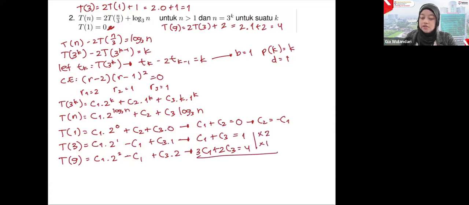And if we multiply the first with 2 and the bottom with 1, and we subtract the bottom from the upper one, then we have C1 is equal to 2, which means C2 will be equal to minus 2, and C3 will be equal to minus 1.